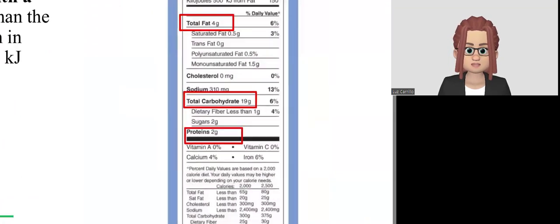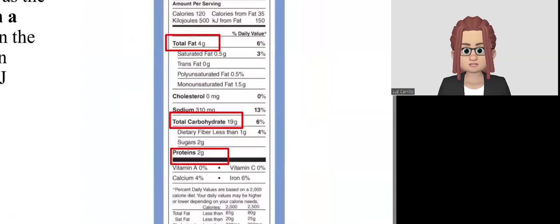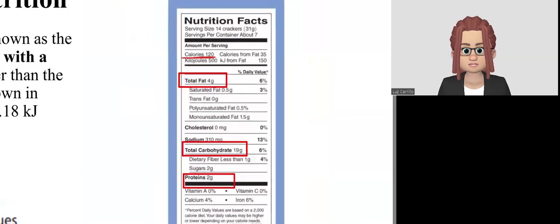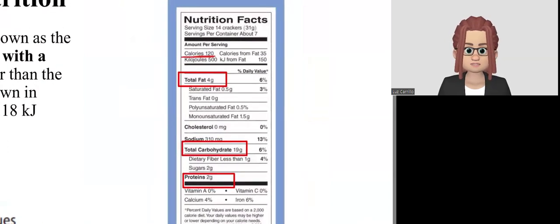But when it comes to calculating specifically the calories found in the food, all we look at is the fat, the carbohydrate, and the protein. So let's illustrate how per serving this food label, which is specifically for crackers, there's 14 crackers in a serving. How do we obtain that 120 nutritional calories?